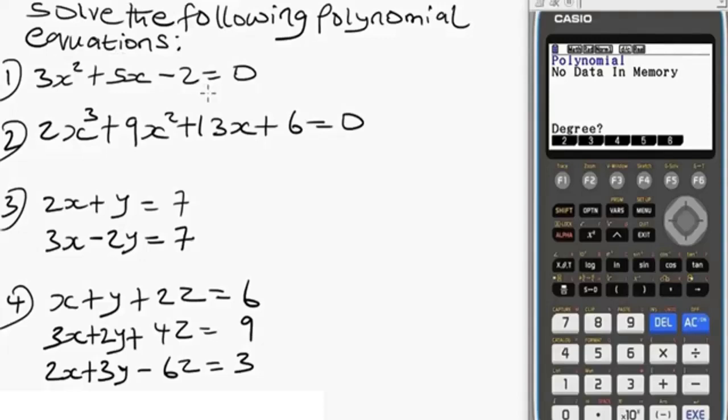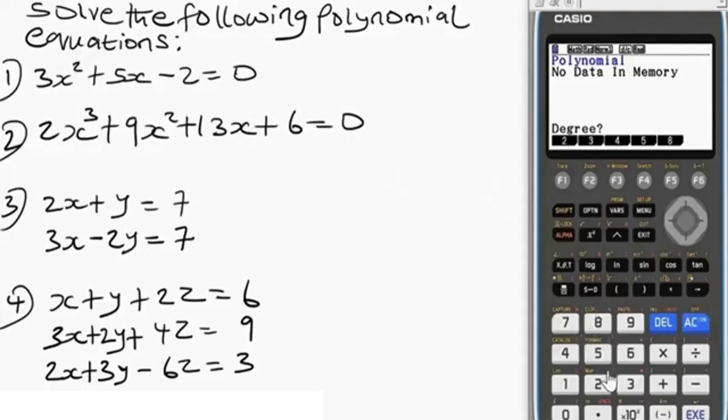A polynomial with 4 as the highest degree is known as a quartic polynomial equation, whereas a polynomial with 5 as the highest degree is known as a quintic polynomial equation. Since this question 1 has 2 as the highest degree, that means this is a quadratic polynomial equation.